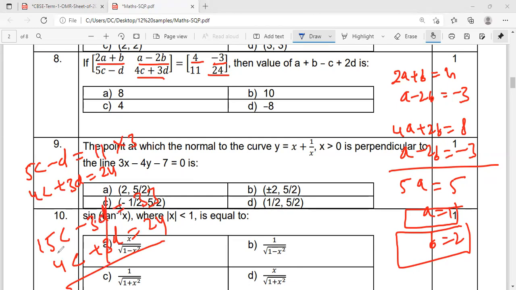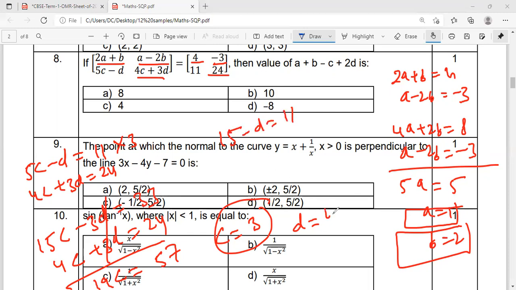So 15 plus 4 should be 19. C is equal to 57, since 7 fives are 35 and 3 fives... 57. So you get c equal to 57 by 19, which is 3. So c is 3, then d should be how much? If you put c equal to 3 in this equation, then 5 times 3 is 15 minus d equal to 11.